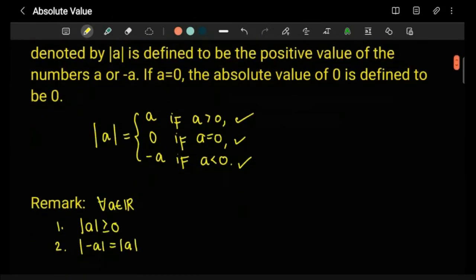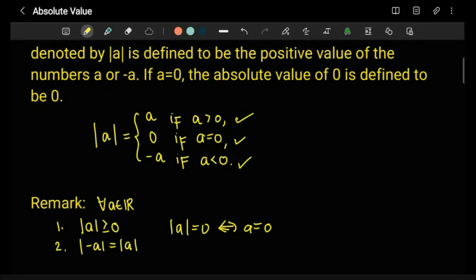So let's put that as a remark. For any real number A, the absolute value is always greater than or equal to 0. Specifically, the absolute value of A is 0 if and only if, of course, A is 0. That's the only case when the absolute value is 0. Otherwise, it's always positive.